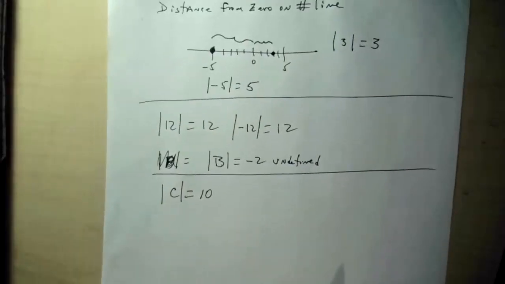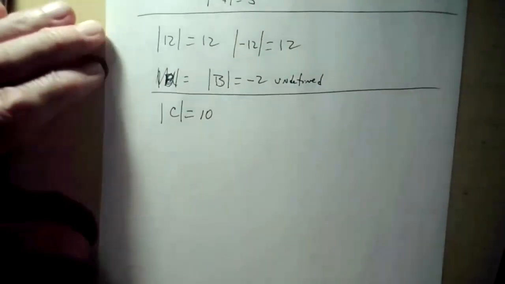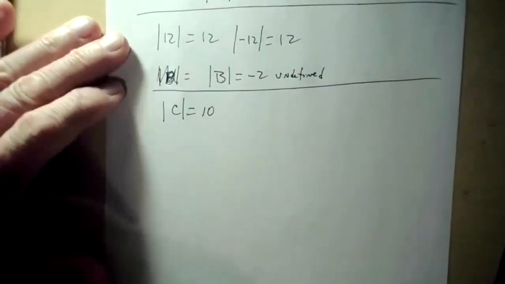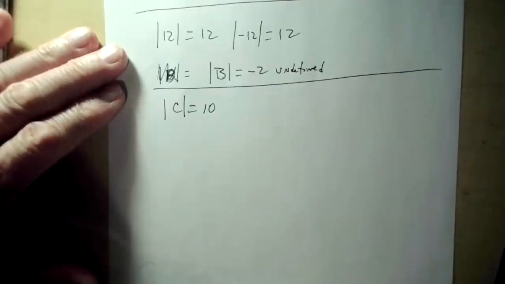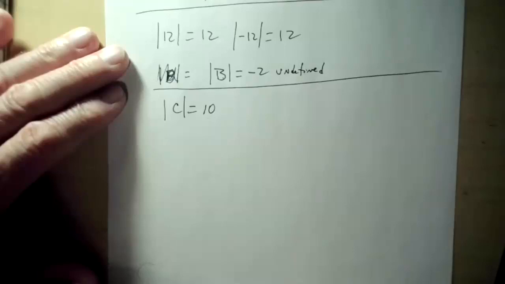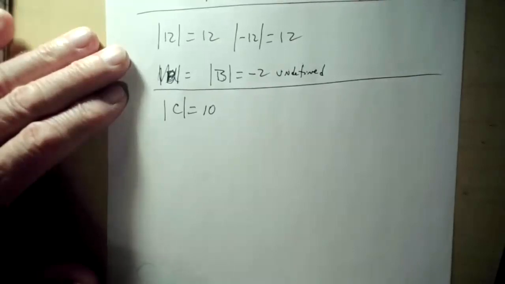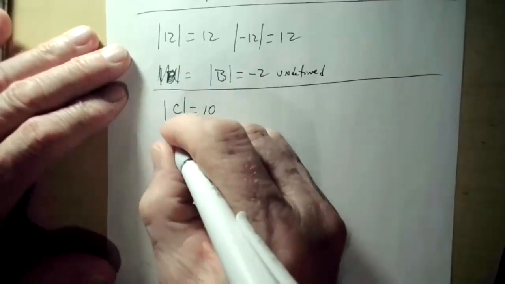What if we have this? The absolute value of C is 10. What could C be? What's the solution for C? If you're so smart. Anybody? 10? Anything else?